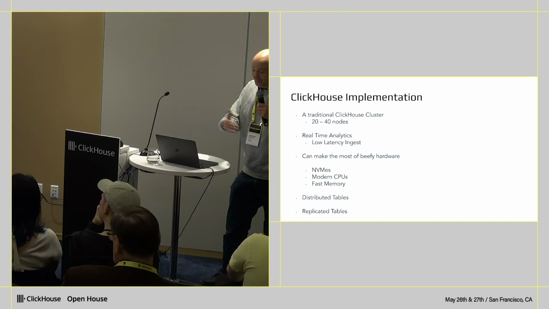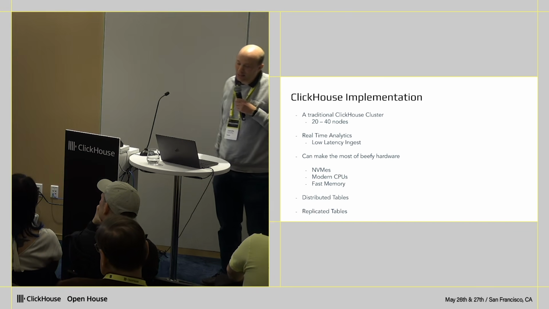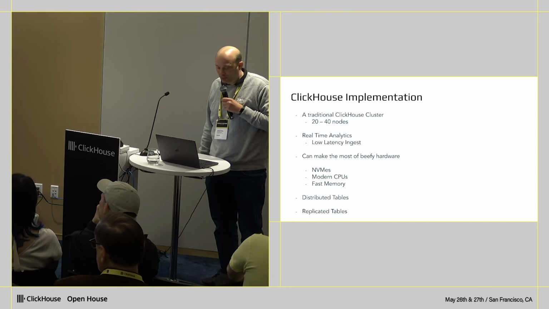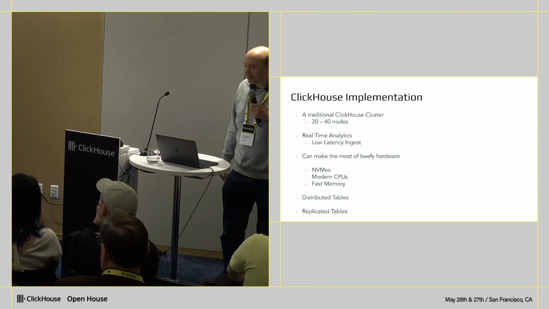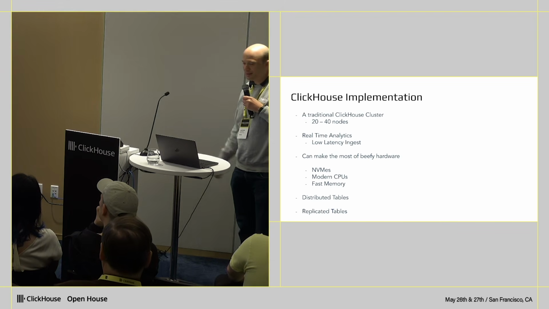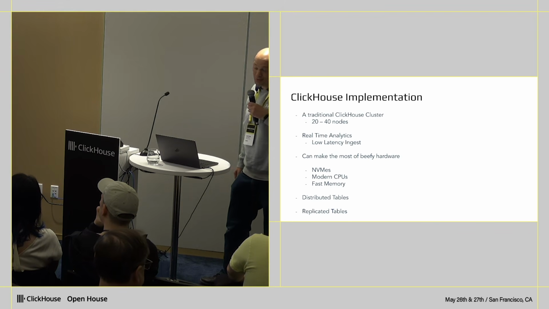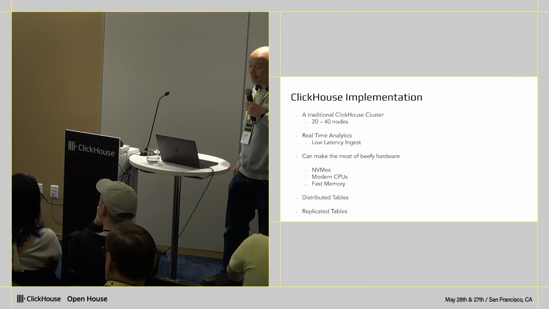And as Melvin mentioned, we can leverage the hardware, which is a very nice property of ClickHouse. You don't get that with other databases like Postgres or even MySQL. We can leverage the NVMes, the fast storage, the modern CPUs with SIMD instructions, and fast memory as well.